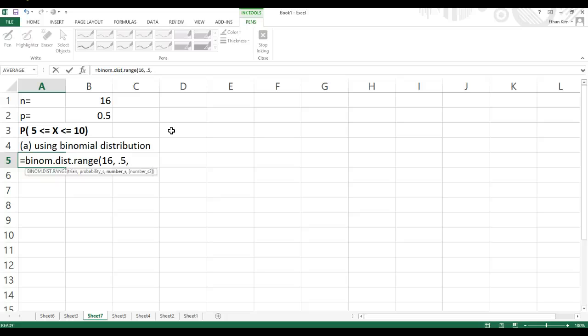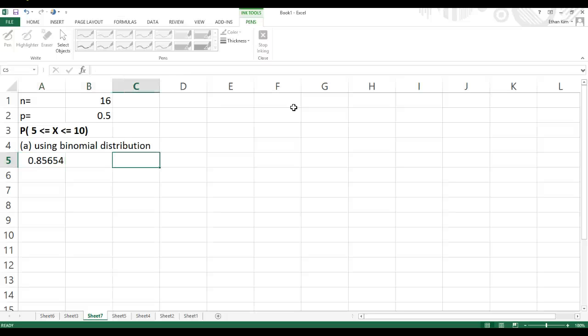So just give it a range, and it will give it to you. So it's going to be 5 and 10. The binomial distribution range function includes those endpoints, so it's greater than or equal to 5 and less than or equal to 10. So the answer we get is 0.8565.